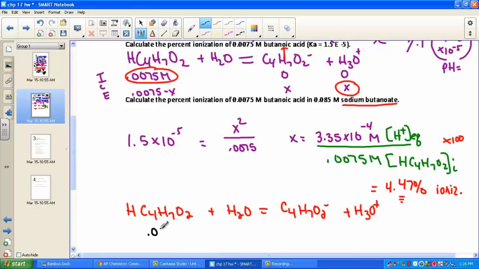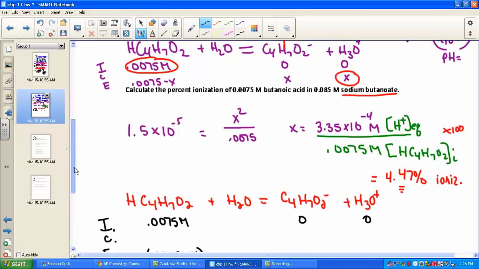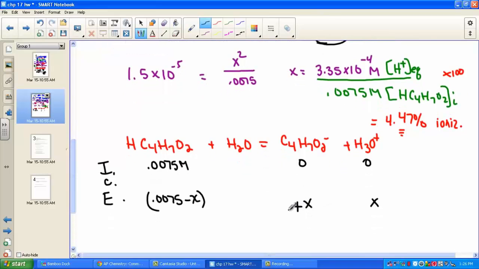Initially, we still have 0.0075 molar and no ions due to the equilibrium. At equilibrium, we would have 0.0075 minus X. We would have X and X ions. Then we add the common ion. We add the salt, 0.085 molar of that common salt.